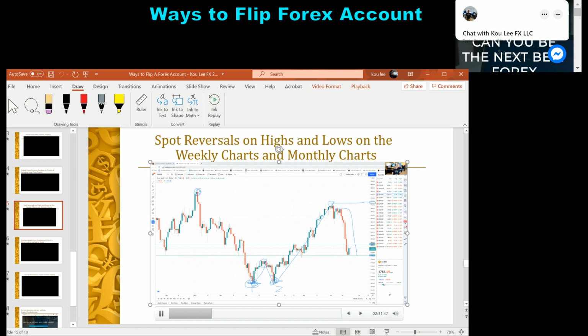So you have to see it for yourself. Like I said, I like looking at the daily chart first before I move on to the weekly and monthly, so that I don't get too confused.